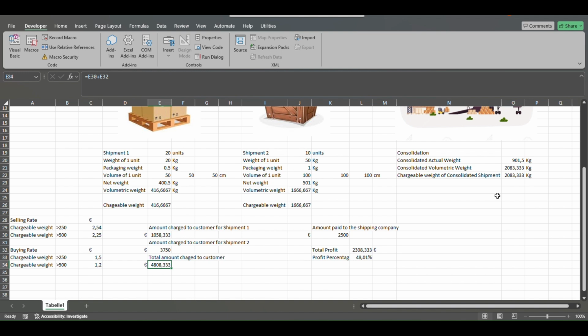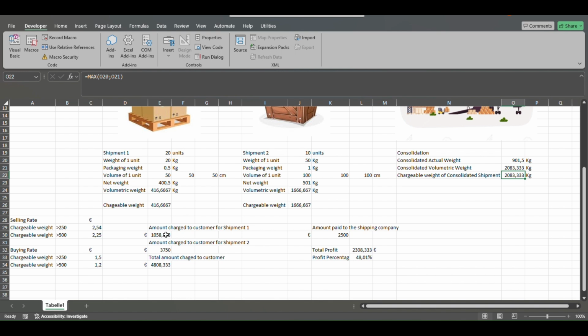Here again, the consolidated volumetric weight is higher, so it is considered for charging the logistics company. The buying rates are quite different, because the logistics company is going to include the taxes, overheads, and profit margins in their rates.